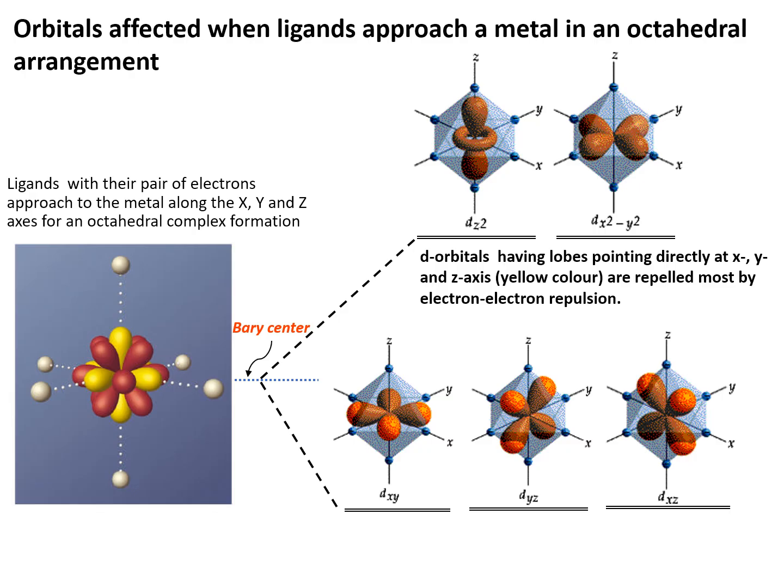That's why they become stabilized, and dx square minus y square and dz square face more repulsion from the ligands. They become unstable. After the splitting, they have specific names: dxy, dxz, and dyz get the name T2g, and dz square and dx square minus y square get the name eg. So these are the two different levels.